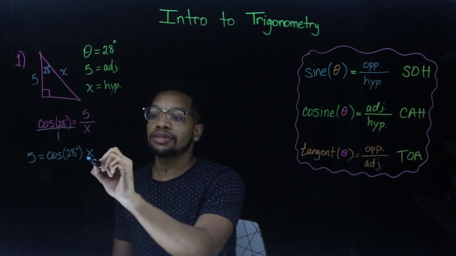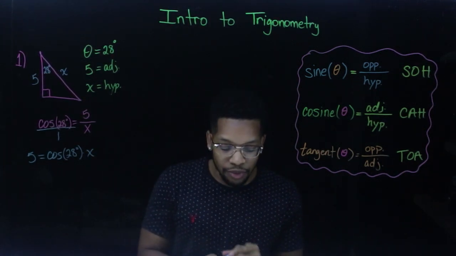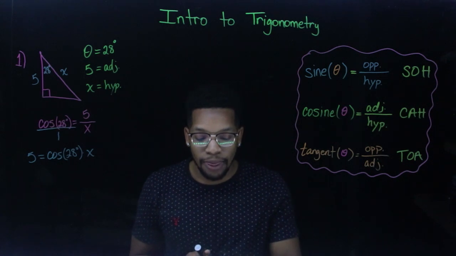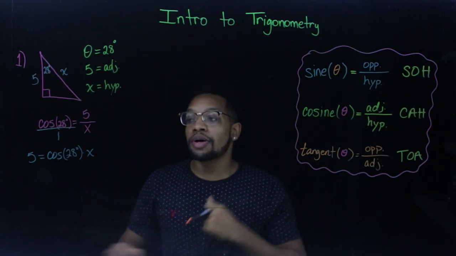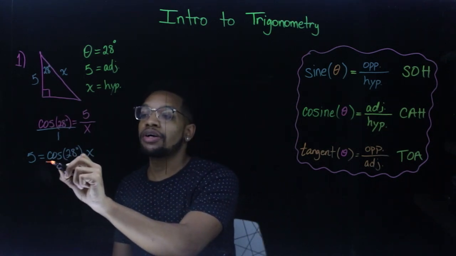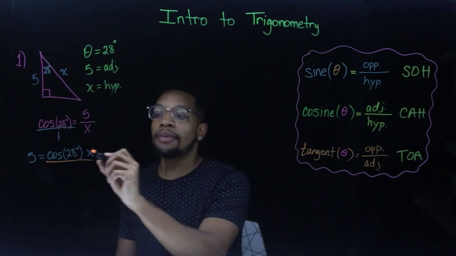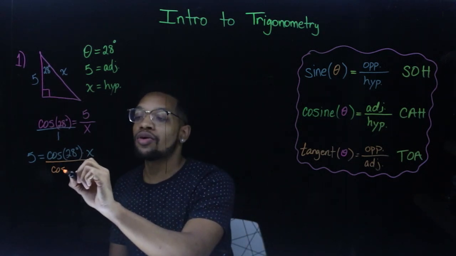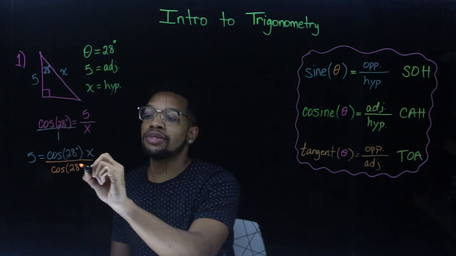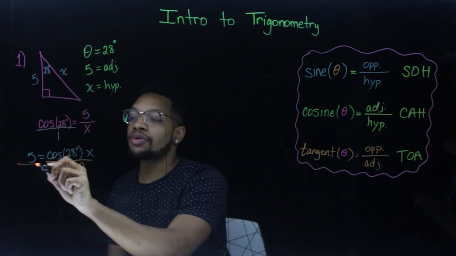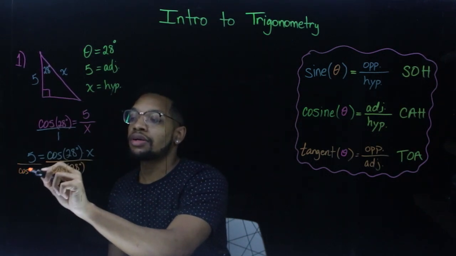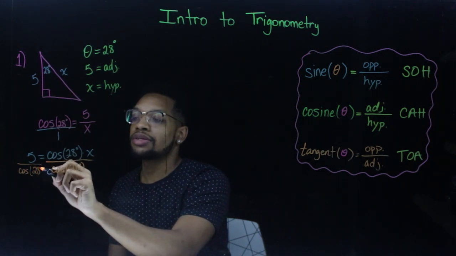times x. All right, so after that, we're trying to get x by itself, and you just treat it like a regular algebra problem. So if we're trying to get x by itself, you're gonna divide not by 28, but again, by the whole cosine of 28 degrees. And if I do it on the right, of course, I do it on the left. Cosine of 28 degrees.